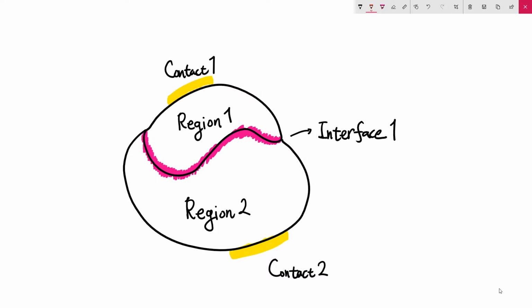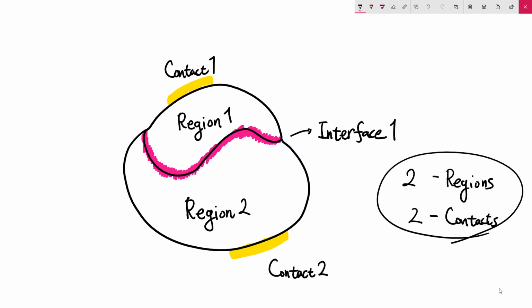However, I'm afraid that actually some of you did it with a limited number, like only 2 regions or 2 contacts. How about your implementation, and only one interface, of course? So I wanted to ask our students about the generality of your implementation.